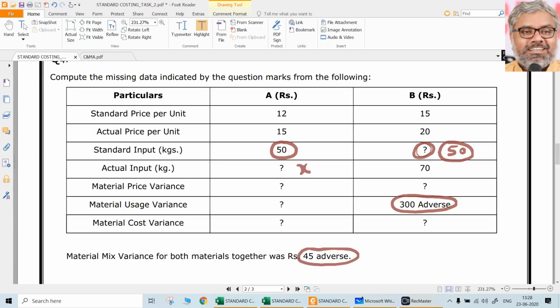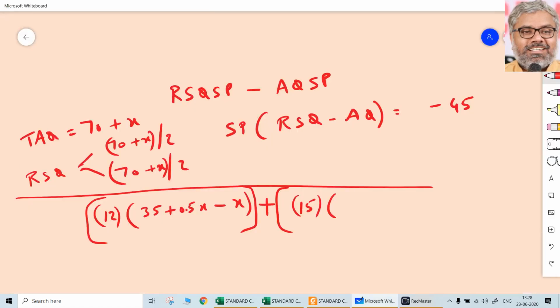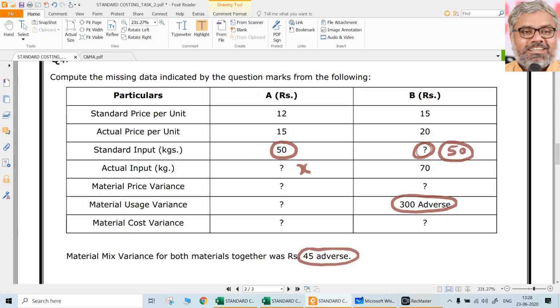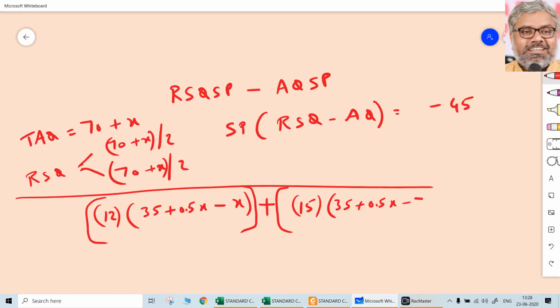Then what is the RSQ of B? Once again same, 35 plus 0.5x. That is RSQ of B. Minus AQ of B, we already know. Actual input for B is 70. So take that. That is equal to minus 45.